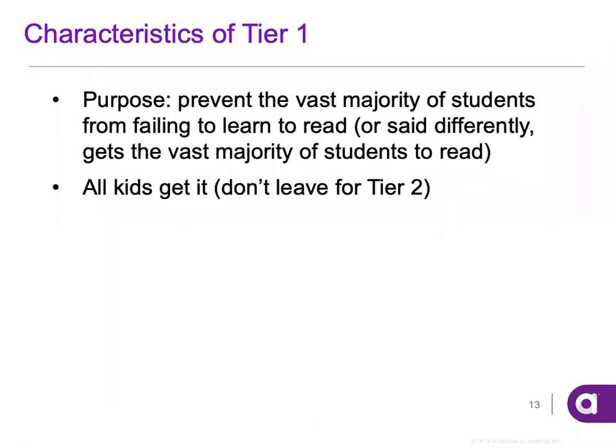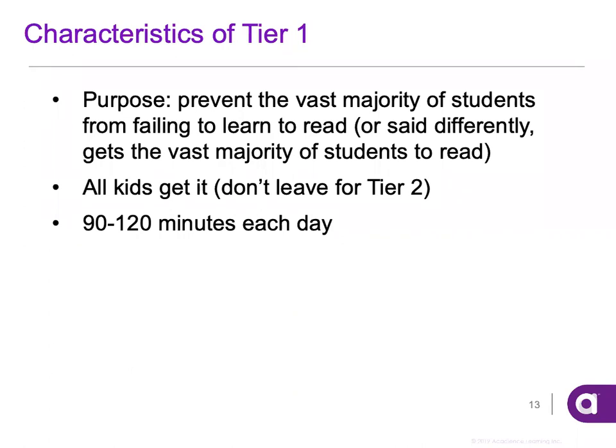Make sure that Tier 1 instruction is protected time for all students, so that you don't have students coming out of their 90 to 120 minutes of Tier 1 instruction to get their reading intervention or Tier 2 support. They're not coming out of their Tier 1 to get their EL service or their speech therapy.